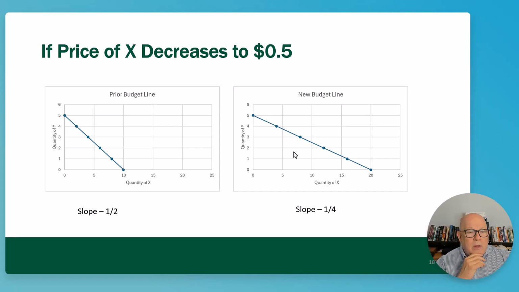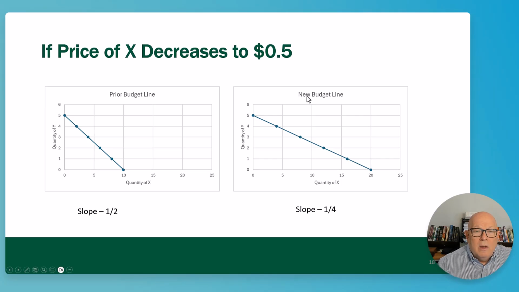So let me put this into the previous example. Remember the previous example, X cost $1 and Y cost $2. So this was our prior budget line. We could buy 5 units of Y and none of X, or we could buy 10 units of X and none of Y. In the new budget line, X is now only costing us 50 cents. So we cut the price of X in half.